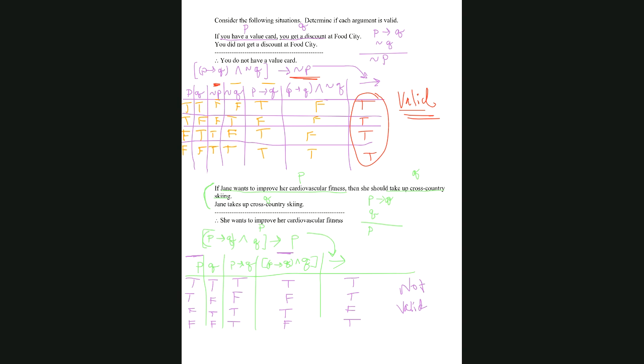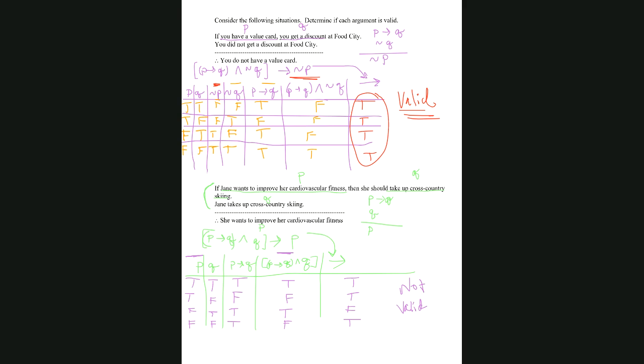That doesn't necessarily mean that she wants to improve her cardiovascular fitness. She could be taking up cross-country skiing for a variety of reasons. Maybe it's to meet new people. Maybe it's because she really likes the snow. It doesn't have to be that she wants to improve her cardiovascular fitness.